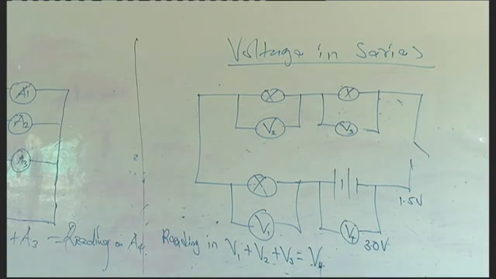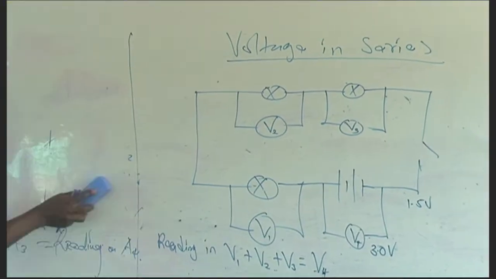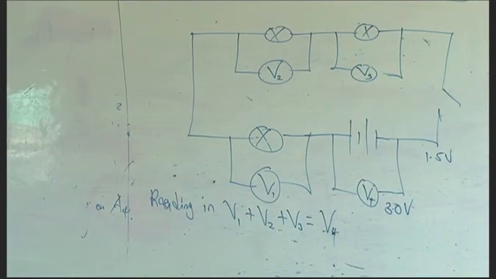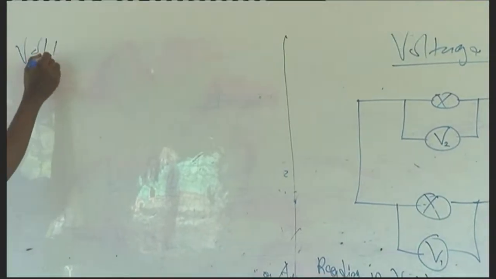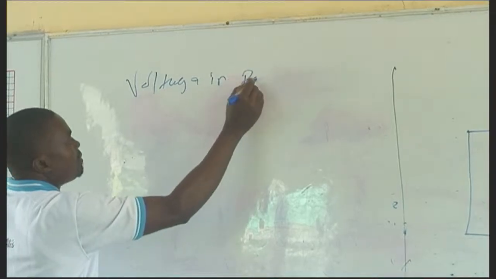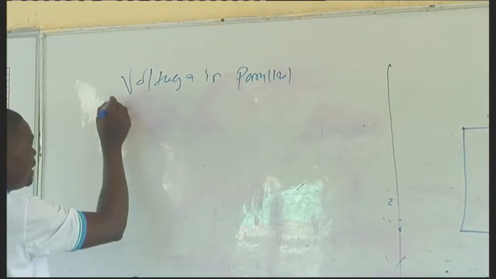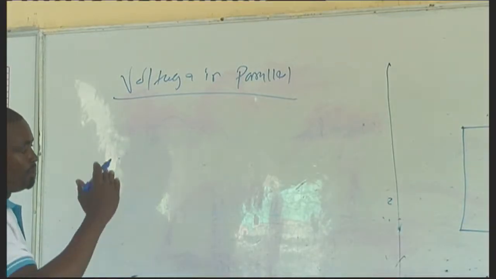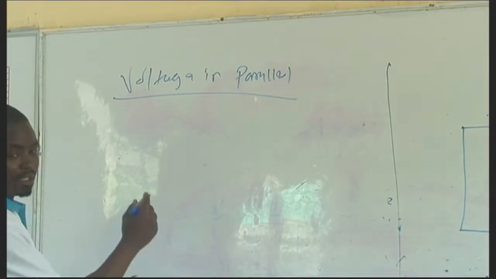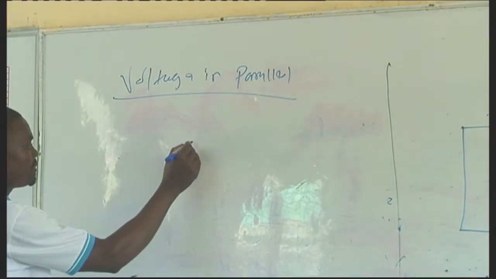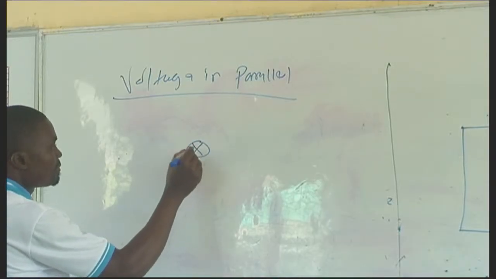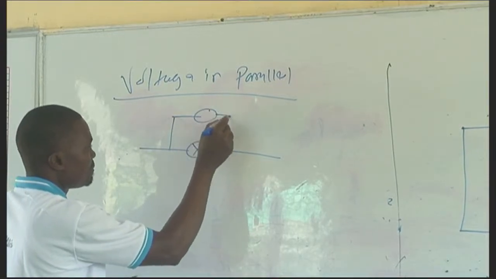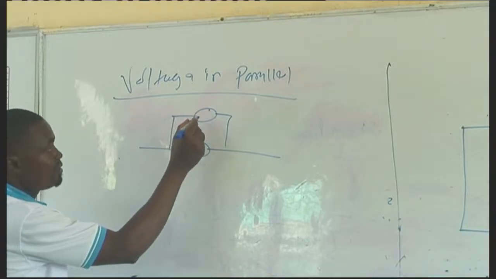Now, let us move to voltage in parallel. Voltage in parallel arrangement. In parallel arrangement, they are placed positive to positive, negative to negative. The best diagram you can use is this one here. You can call this V1.